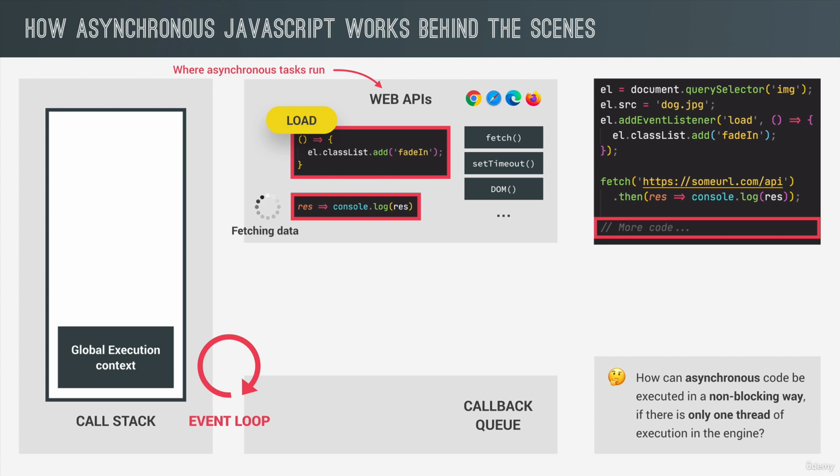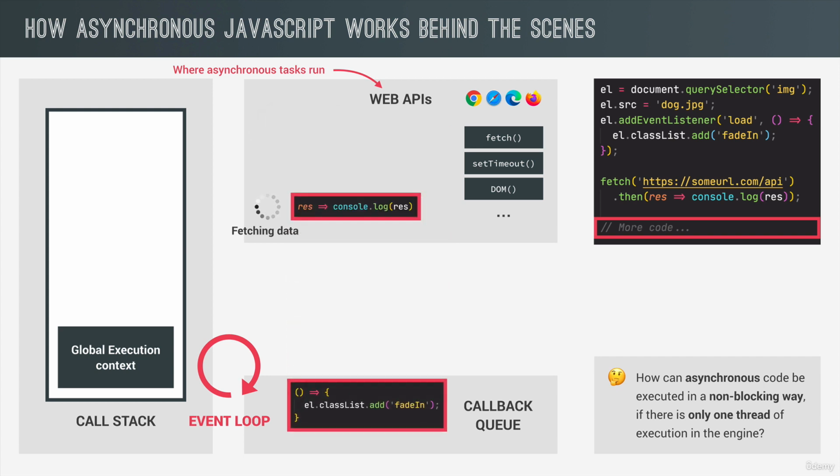What happens next is that the callback for this event is put in the callback queue. And the callback queue is basically an ordered list of all the callback functions that are in line to be executed. You can think of this callback queue like a to-do list that you would write for yourself with all the tasks that you have to complete. So the callback queue is also a to-do list of a kind, but with tasks that the call stack will eventually have to complete.